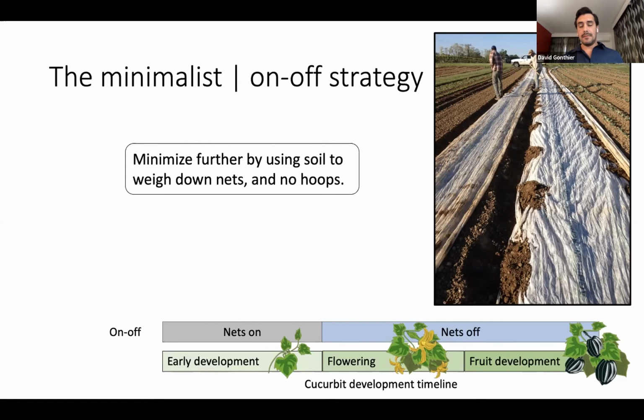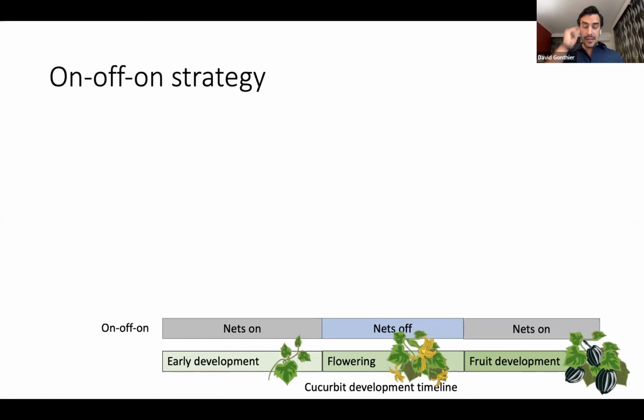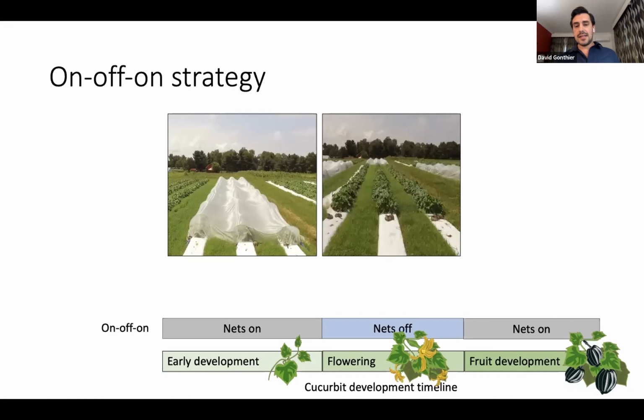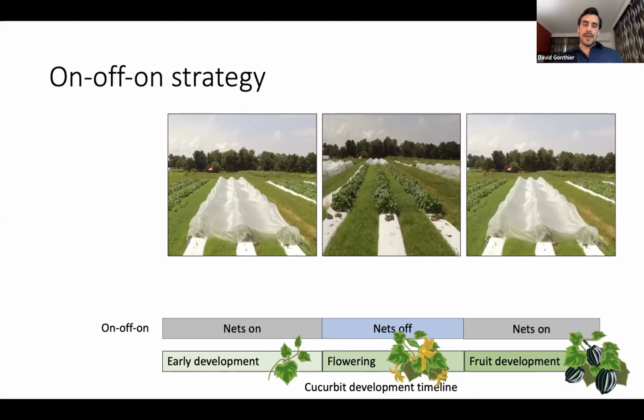benefit you. But scaling this up a little bit, one strategy we've focused on a lot is an on-off-on strategy, which provides you basically protection early on during the development of the crops. You take the nets off during flowering, and then once you feel flowering is complete, you can put those nets back on.